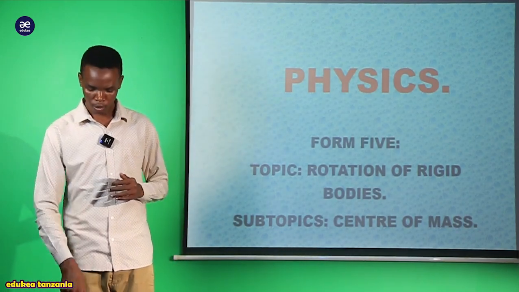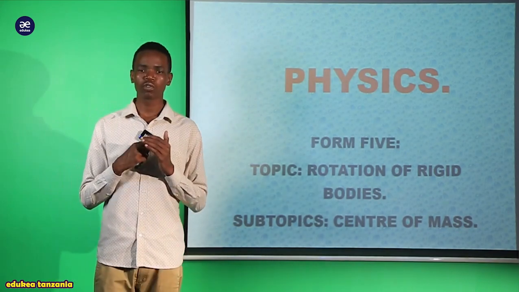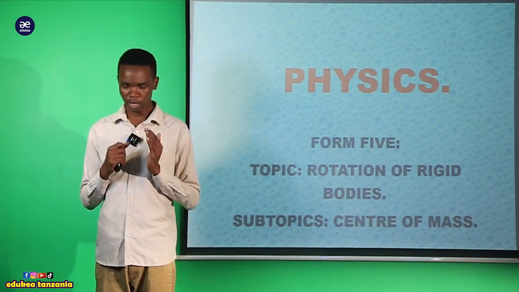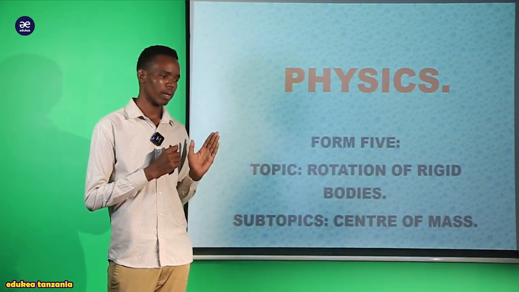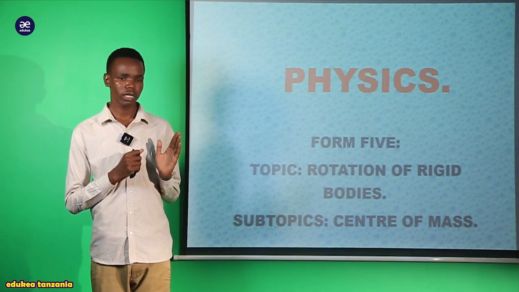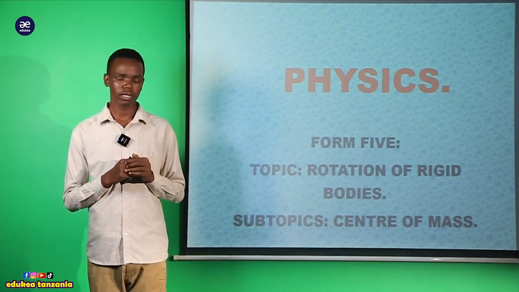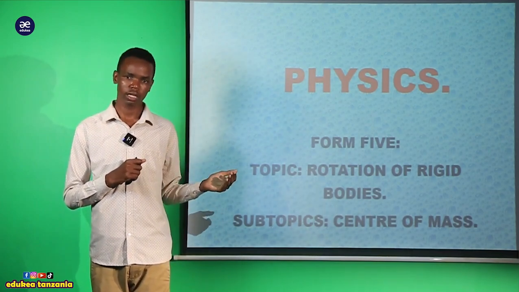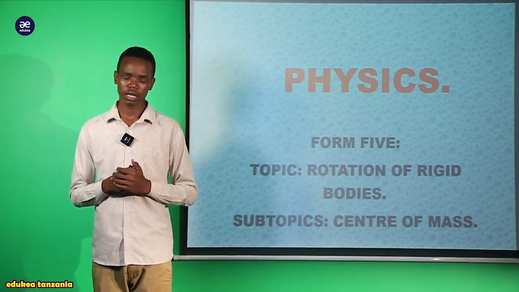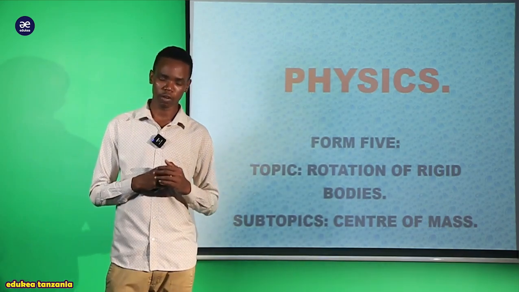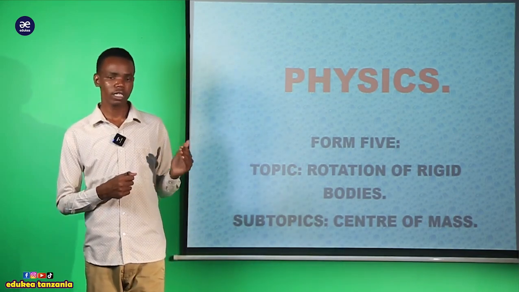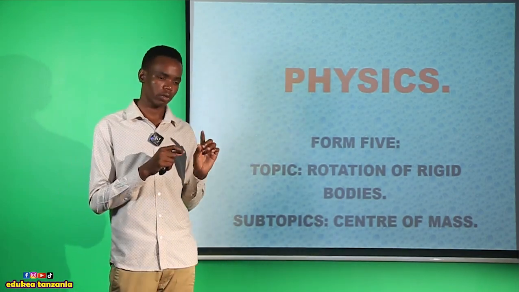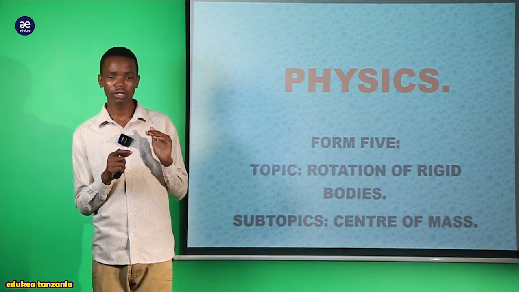On the last session, we tried to discuss the vectors of the center of the body, and we saw that the vector must be equal to the summation in two dimensions.